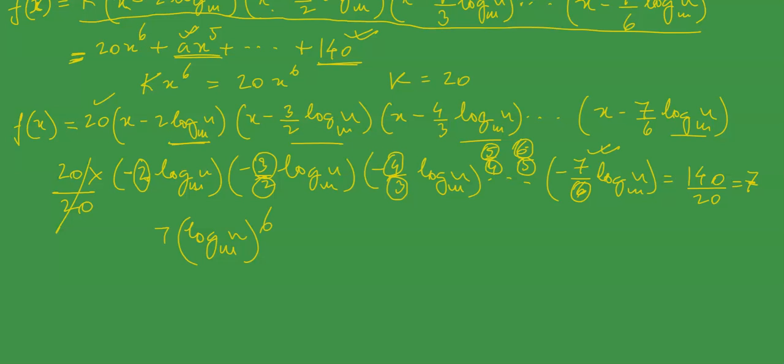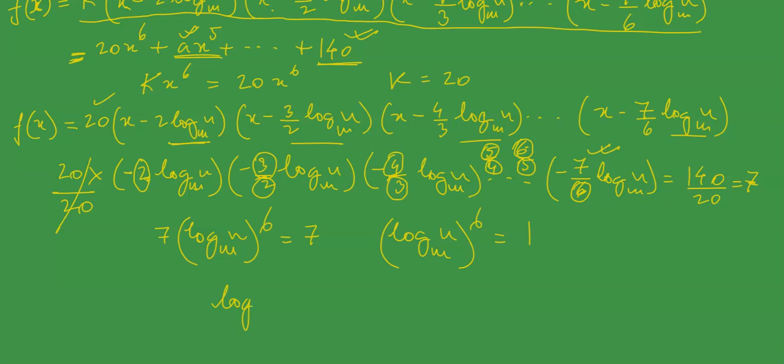So we have 7 times log n to the base m whole to the power of 6 is equal to 7, or log n to the base m whole to the power of 6 is equal to 1. Dividing both sides by 7, we get this equation. And on taking the 6th root of both sides, what do we get?